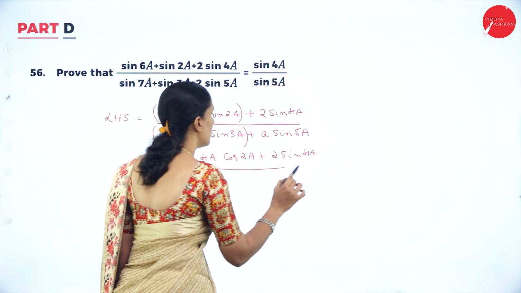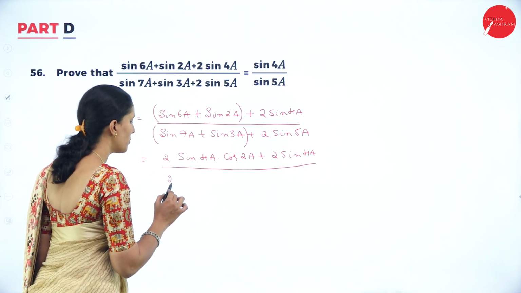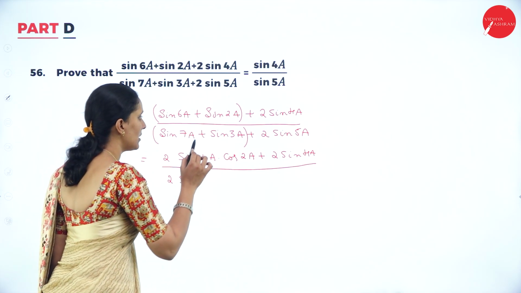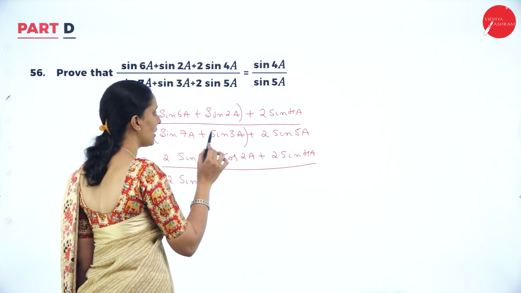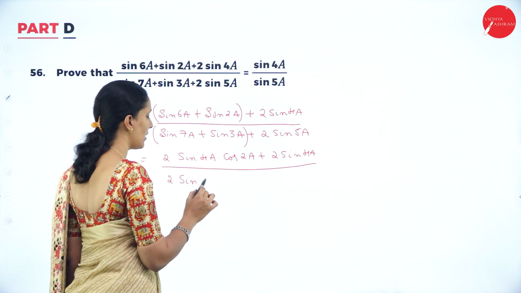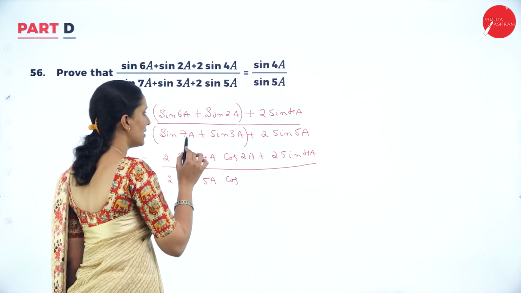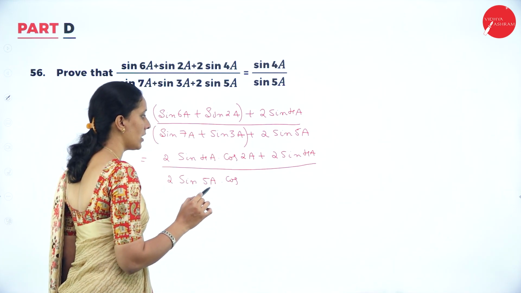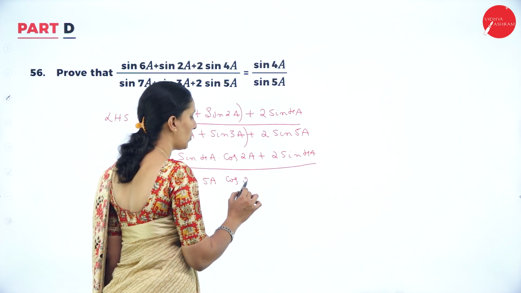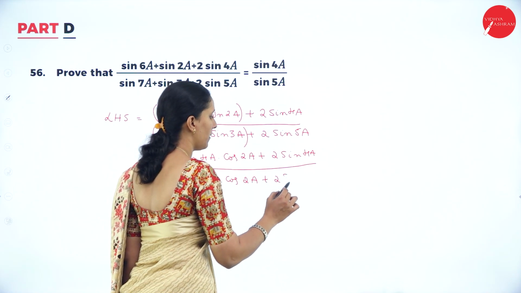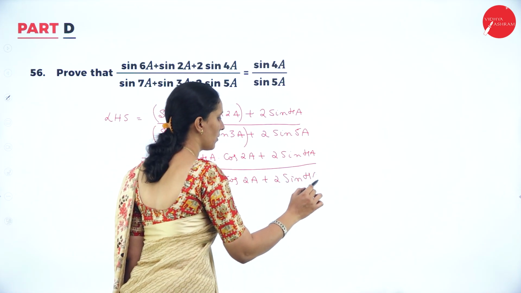Here also the same formula: 2 sine of 7a plus 3a is 10a, 10a by 2 is 5a, dot cos of 7a minus 3a is 4a, 4a by 2 is 2a, plus 2 sine 4a.